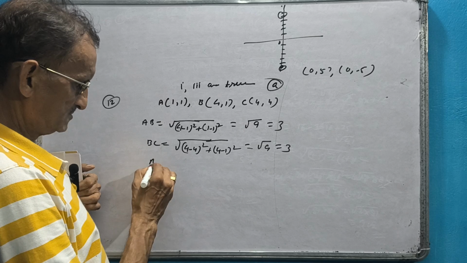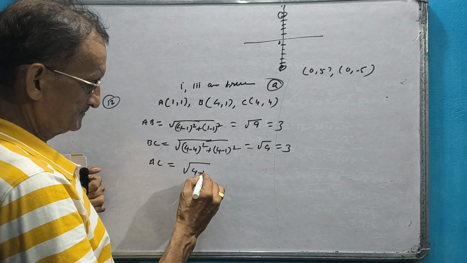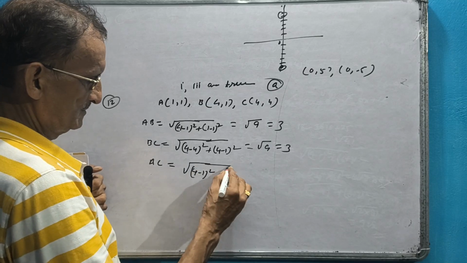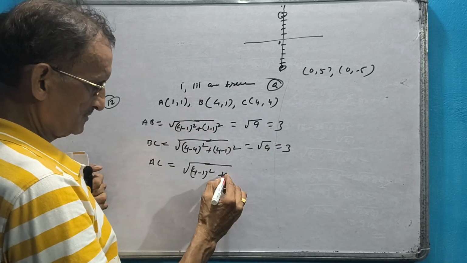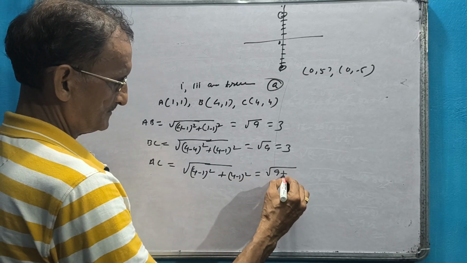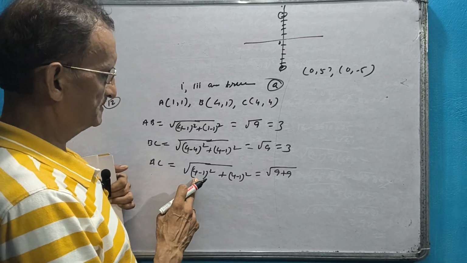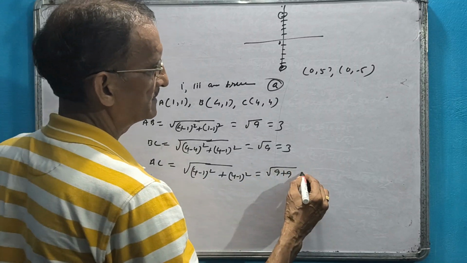Find CA also, or AC. (4 minus 1) whole square plus (4 minus 1) whole square. How much will you get? 9 plus 9, that is 18.